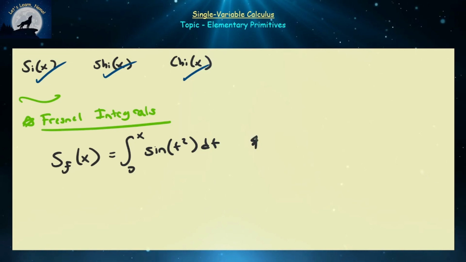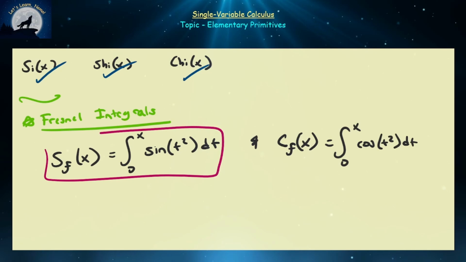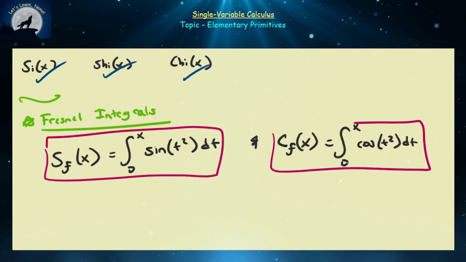And its counterpart, which I'm going to denote by CF of x, so SF is the Fresnel sine, so you can probably guess what CF stands for. That's going to be the Fresnel cosine integral, and that's going to be equal to the integral from 0 to x of the cosine of t squared dt. So you have these two functions that are actually pretty nice. And you're like, okay, well, what can I do with that?